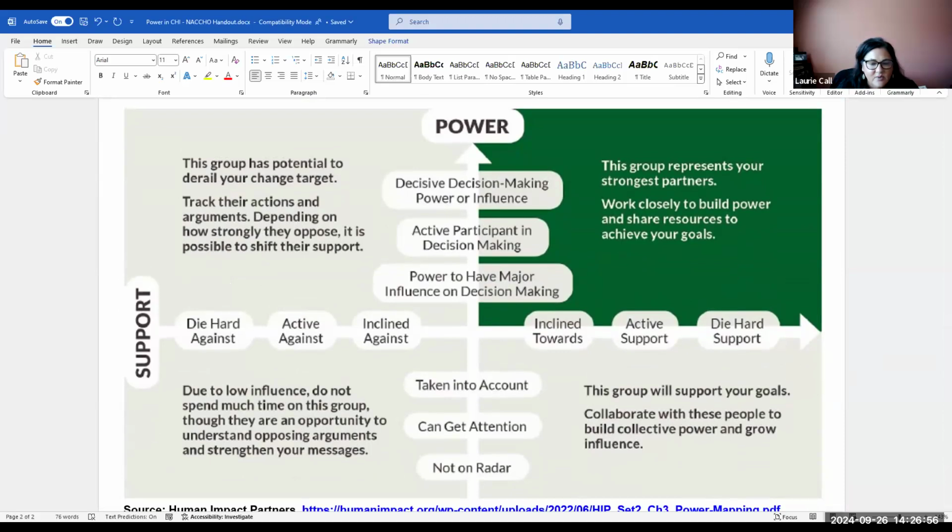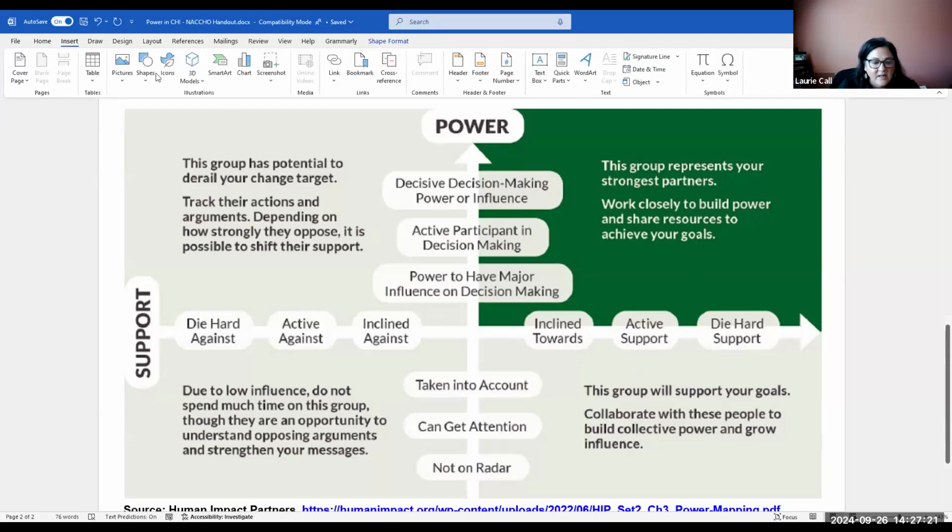Are they diehard support, active support, inclined towards it? So where would you put them along this spectrum of support? We think they're supportive of this, right? For sure supportive. So which level? Would they be inclined or active support? We're going to go with inclined. We had a couple people say inclined. So now let's think about power. It's not on their radar.